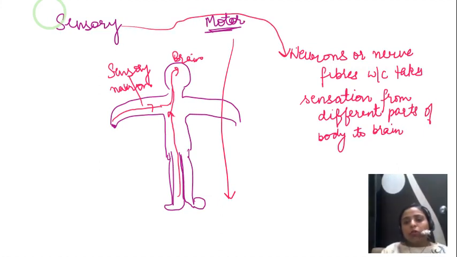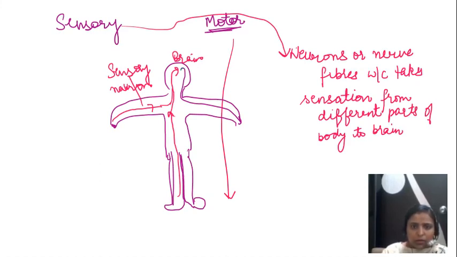If I talk about the motor, when the process is occurring in the brain and the brain sends a message to the different parts of the body, through to the effectors, your muscle or your gland, right? Let me take another pen so it will be more clear.